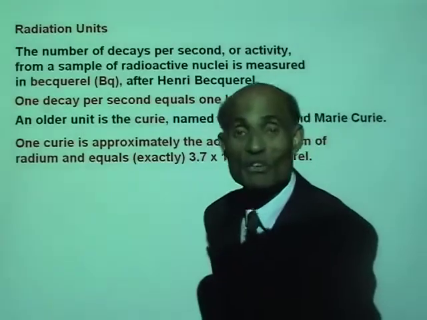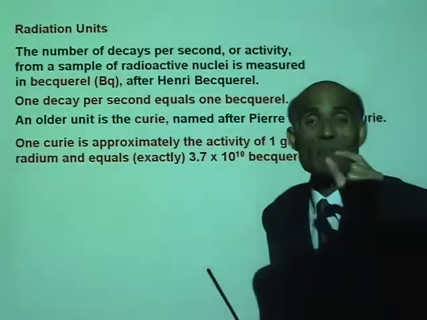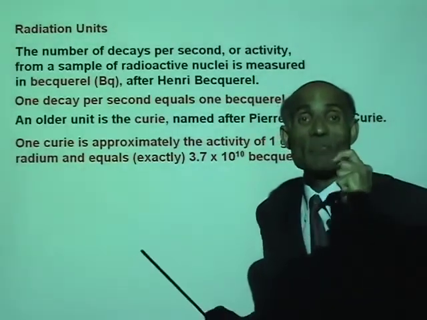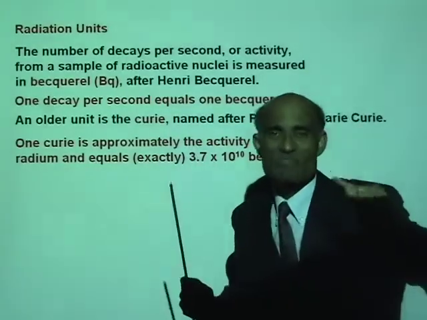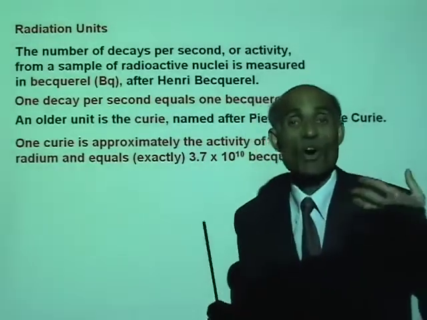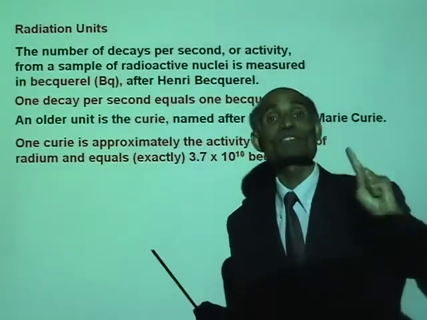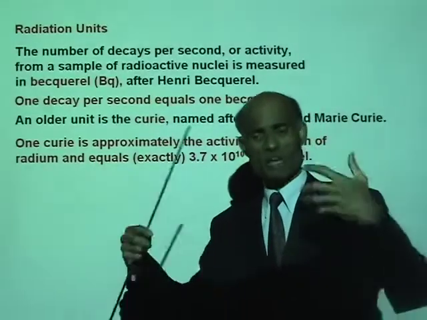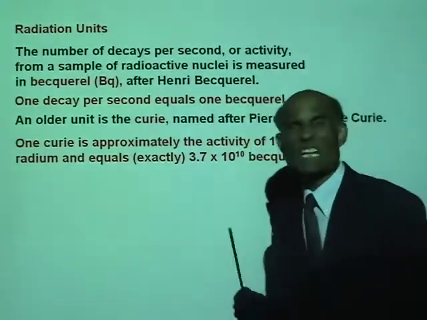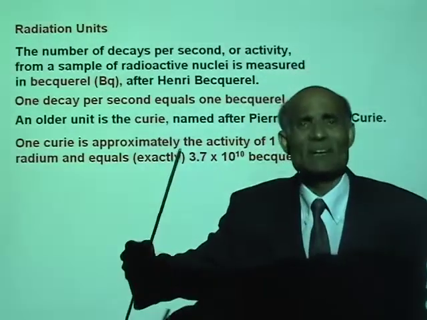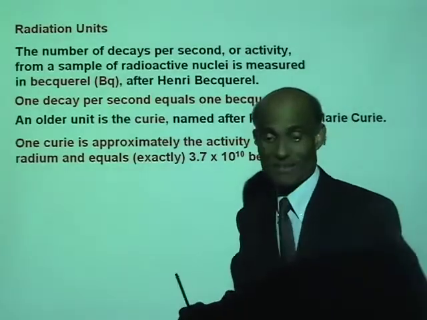What that means is, if I have 1 gram of radium here, there will be 3.7 times 10 to the power of 10 decays or disintegrations per second. Can you imagine? That's a very big number. Almost 37 billion disintegrations per second.